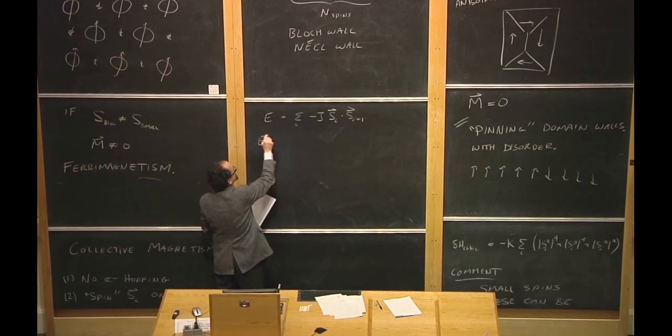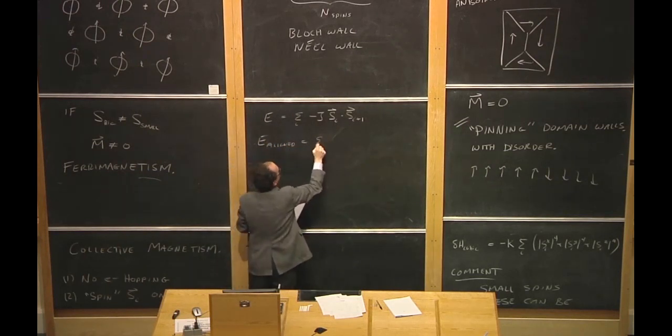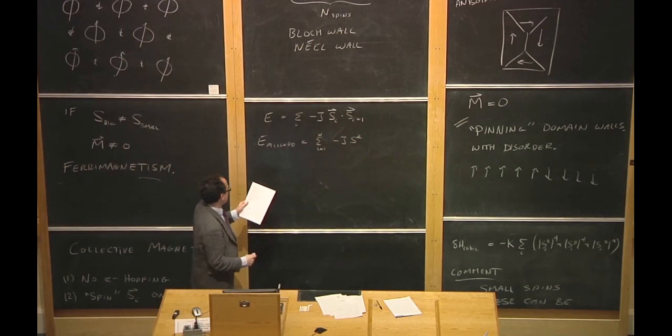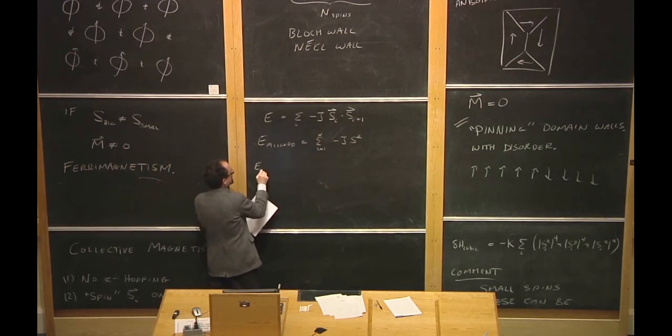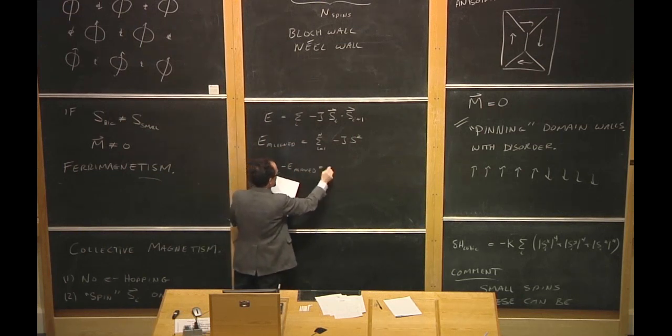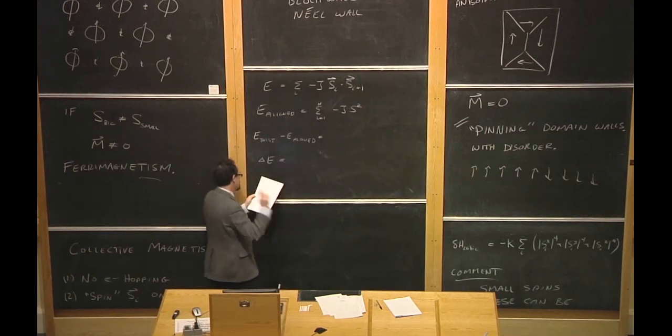And if I align all the spins, E_aligned, I then get the sum over i equals 1 to n of minus J S squared. Everyone is aligned with each other. And if I twist it, E_twist minus E_aligned, let's call that delta E, the amount of energy you pay to twist the spin from top to bottom.